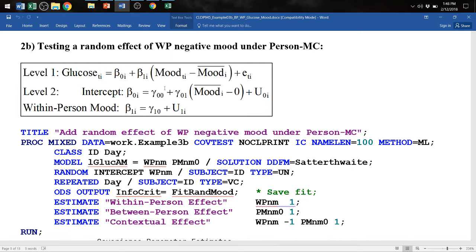Sure, I could do that next, but I'm sticking with linear for now because this is complicated enough. I'm adding U1 to the level 2 equation for beta 1, which is the within person effect of negative mood. So I'm adding a random effect. Does each person need their own? In adding my random effect, am I explaining variance or making a new pile?